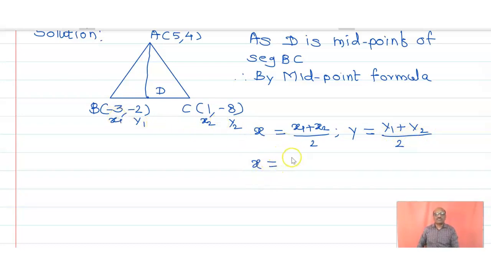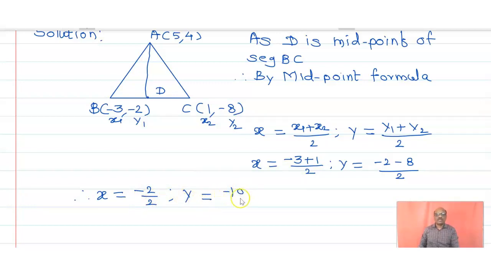What is x1? x1 is minus 3 plus 1 upon 2. y is equal to minus 2 minus 8 upon 2, and therefore here you will get x is equal to minus 3 plus 1, that is minus 2 upon 2, and y is equal to minus 10 upon 2.